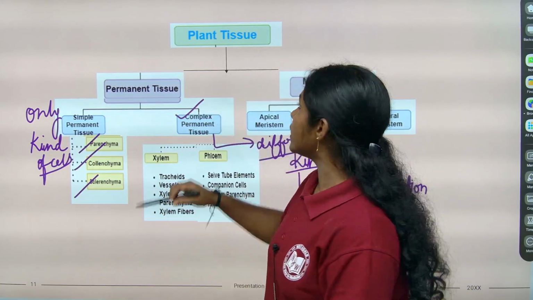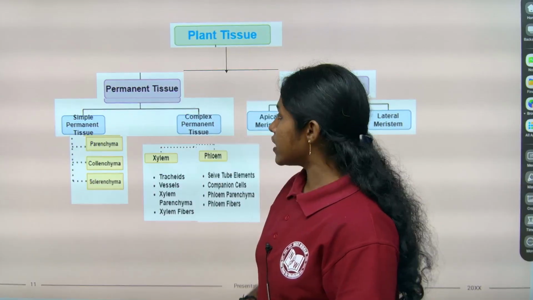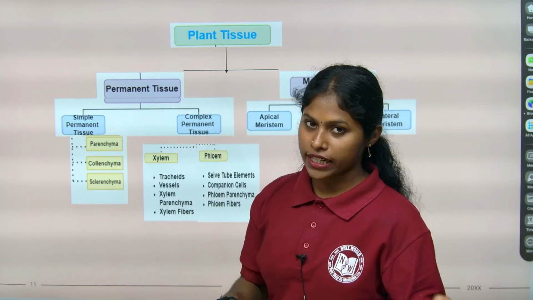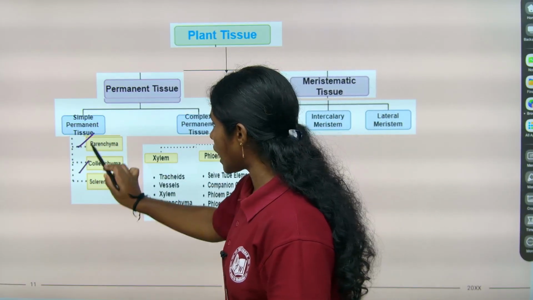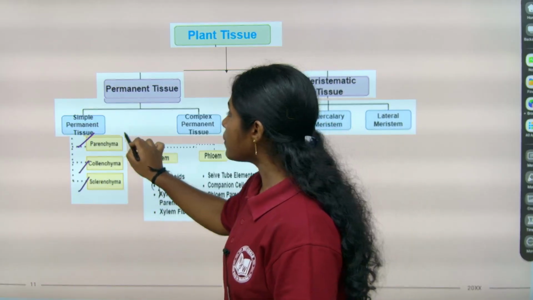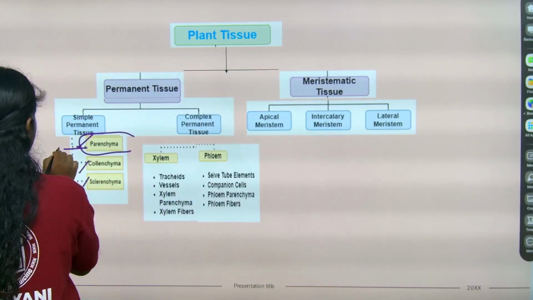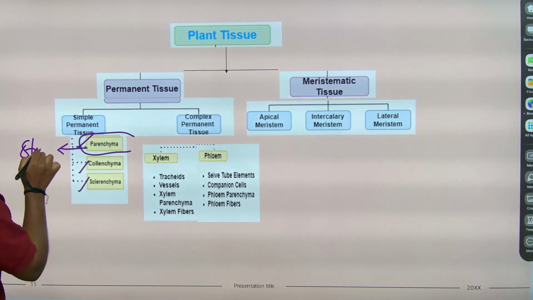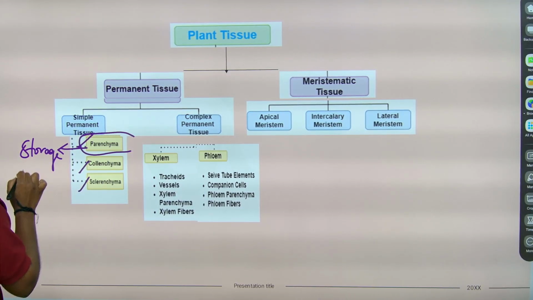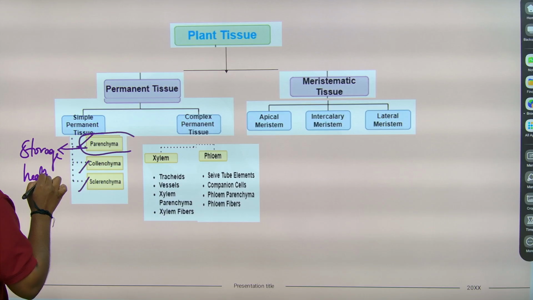Let's quickly recall this, children. Simple permanent tissues are of three types: parenchyma, collenchyma and sclerenchyma. Parenchyma is mainly involved in storage and also healing and regeneration.